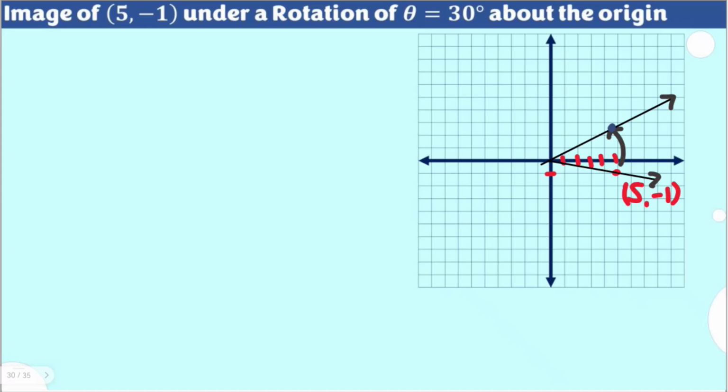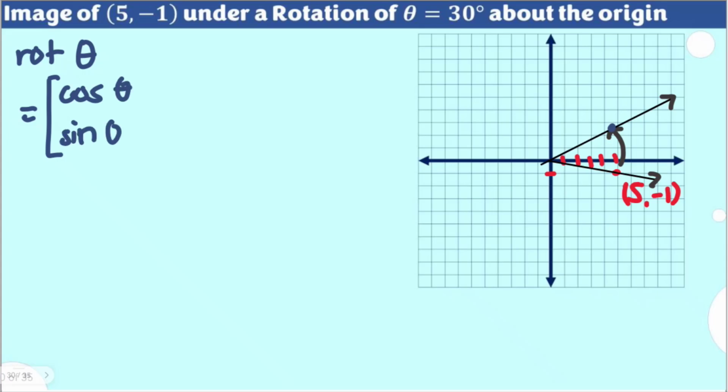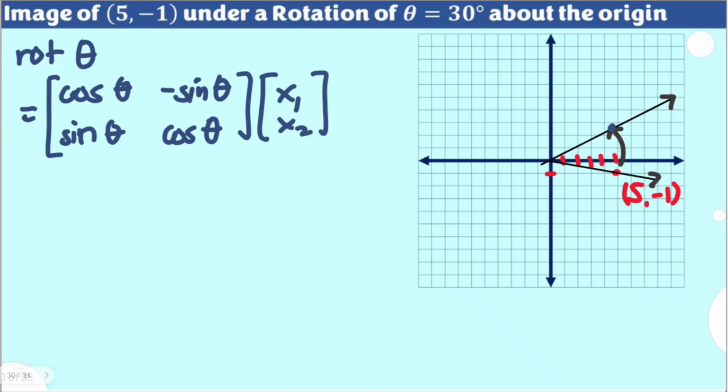We actually have the formula for this. The rotation of a certain point under a theta is identified as the product of two matrices. We have here [cos theta, sin theta; -sin theta, cos theta] times the components of your point, x sub 1 and x sub 2, or in some cases x and y values.